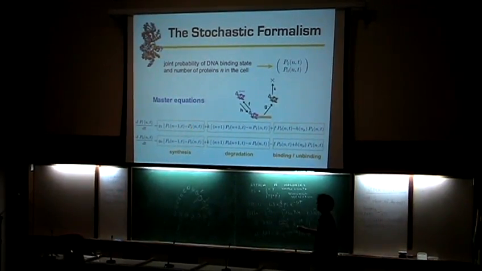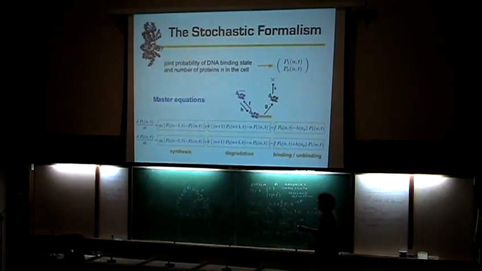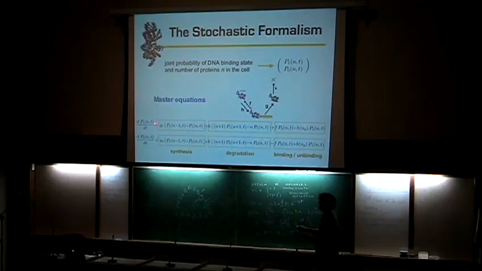And here, how does this probability change in time? You're going to have plus the probability of you coming from a synthesis happening in a state where you have one protein less, minus the probability of you leaving that state with another synthesis.